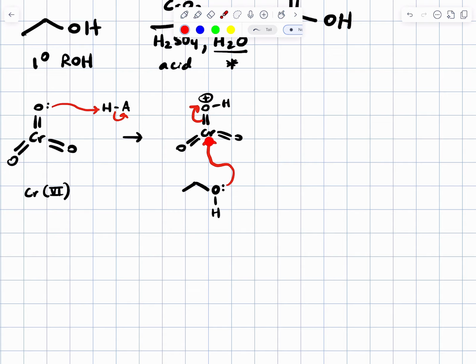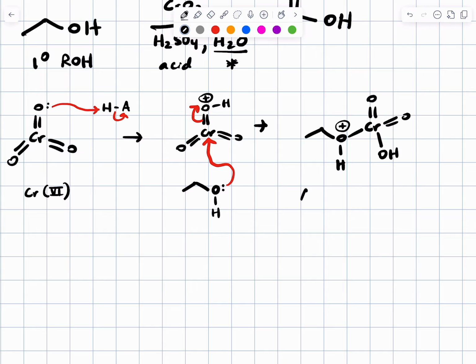The metal already has more than an octet, which is fine because it's a transition metal and has access to d orbitals. So it's not immediately clear why this pi bond has to break, and you're just going to have to trust me on that. Let's draw the intermediate that forms afterwards, though, and it will look similar to an intermediate you've seen previously, which is like this, okay?